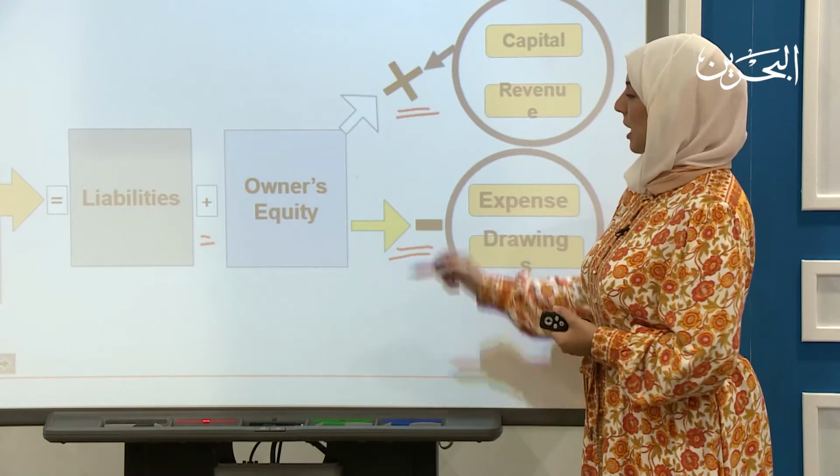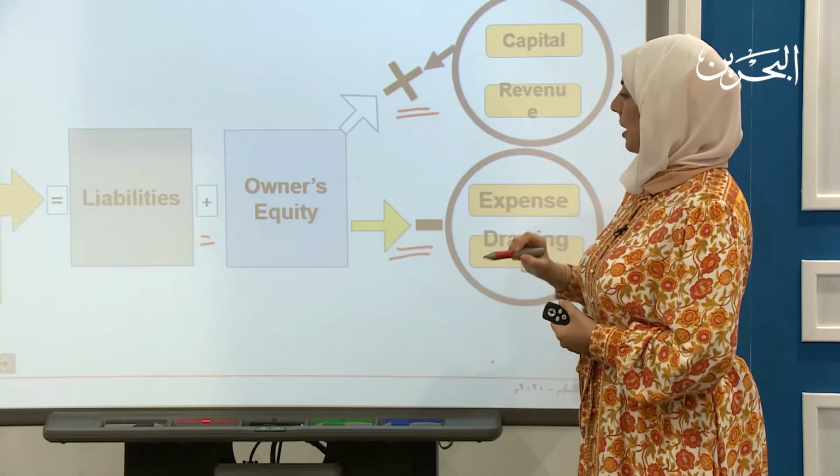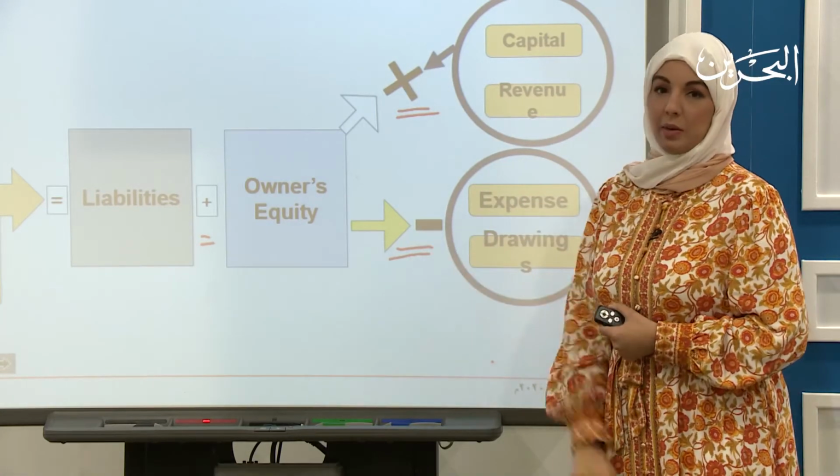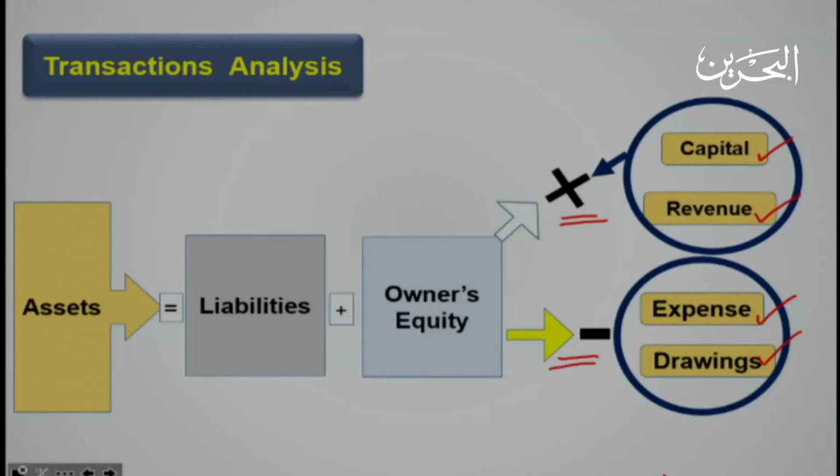What's the account that will increase the owner equity and what's the account that will decrease the owner equity? The accounts that will increase the owner equity of the company are the capital and the revenue. And the accounts that will decrease the owner equity will be the expense and the drawing.